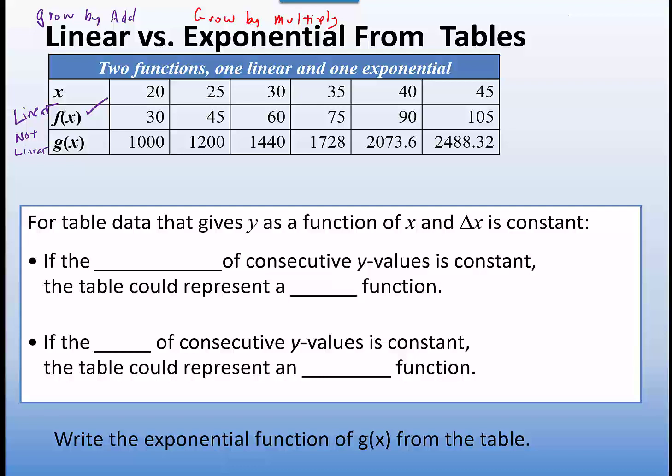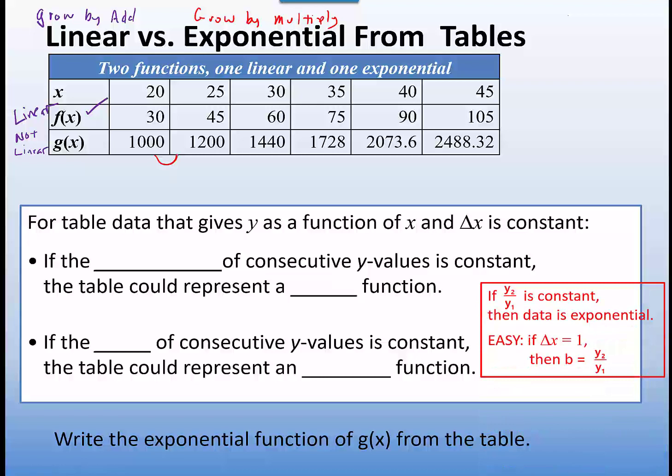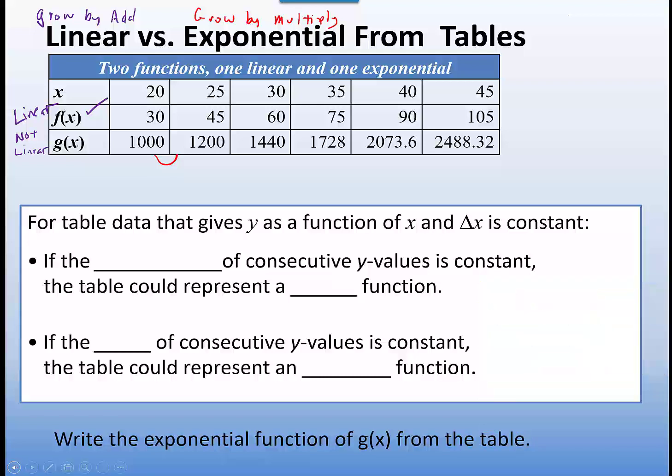So on g, now we're going to look for the possibility of a constant multiplier. That means when I go from one y point to the next y point, I have to be multiplying by something. And it has to be the same multiplier every time. So it's like, what could I multiply to 1,000 to get 1,200?